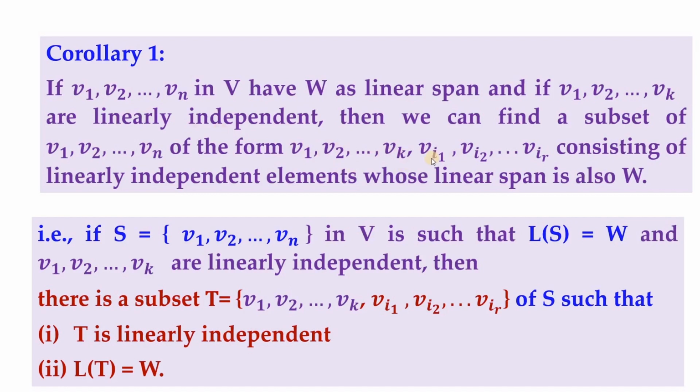For the remaining, we name them as v suffix i1, v suffix i2 and so on v suffix ir, consisting of linearly independent elements whose linear span is also W.